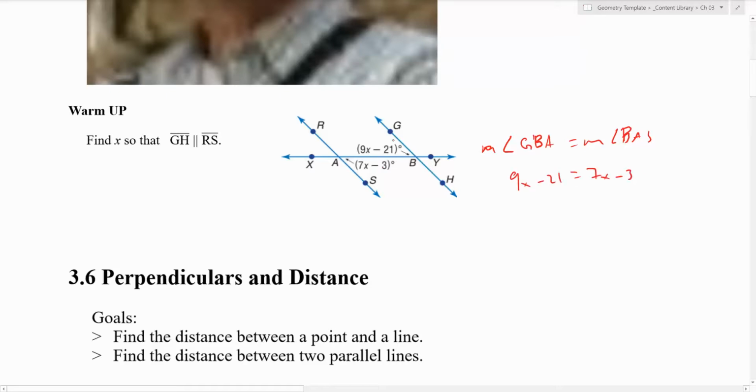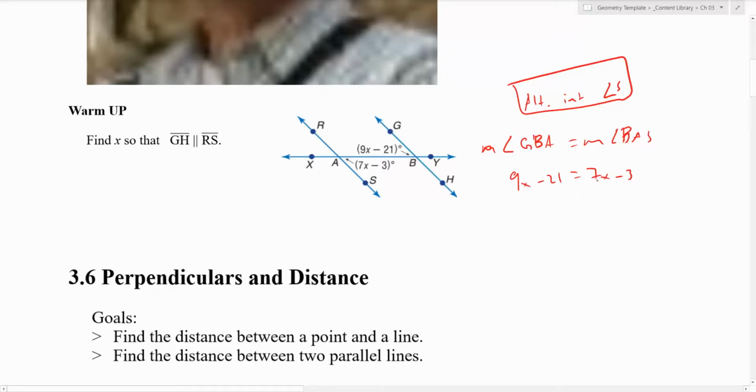Once again, guys, these are alternate interior angles. Alternate interior angles, okay? And we're going to use the converse of alternate interior angles theorem to show that these lines are parallel. So we're solving for x.